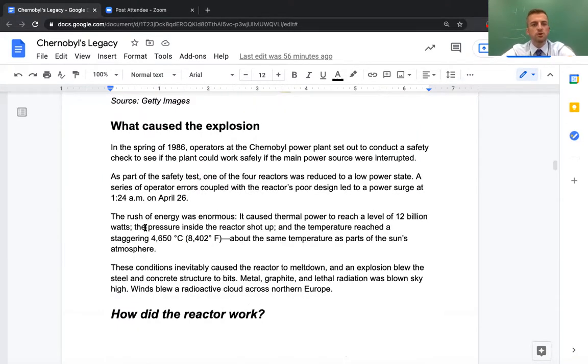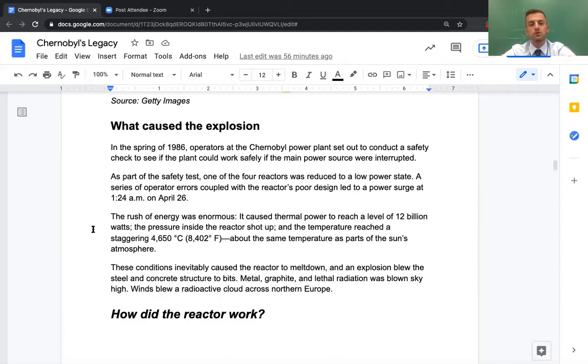What caused the explosion? In the spring of 1986, operators at the Chernobyl power plant set out to conduct a safety check to see if the plant would work safely if the main power source were interrupted. As part of the safety test, one of the four reactors was reduced to a low power state. A series of operator errors coupled with the reactor's poor design led to a power surge at 1:24 a.m. on April 26th. The rush of energy was enormous. It caused thermal power to reach a level of 12 billion watts.